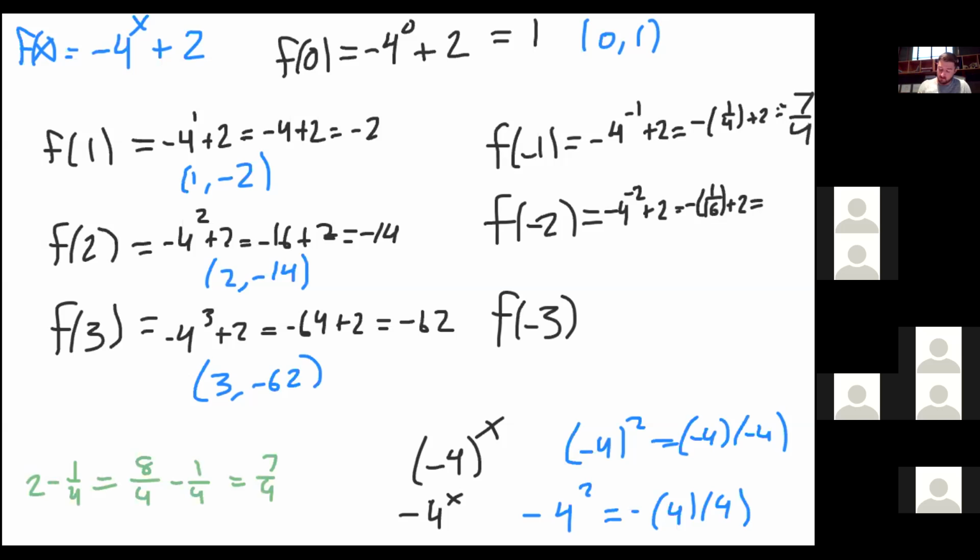Similarly, for -1/16 plus 2, or 2 minus 1/16, this would be 32/16 minus 1/16, so 31/16. There we go. Getting a little bit better. Now I'll do the last one.